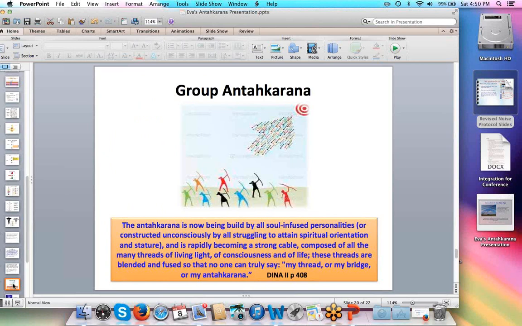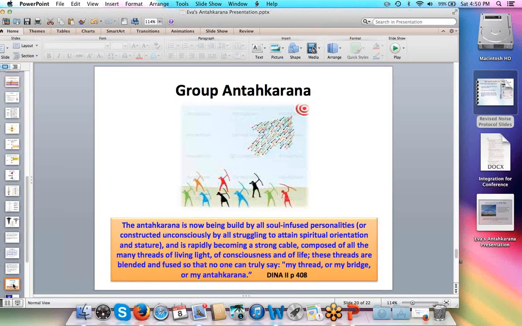And that we know because the creative thread going to the personality is done unconsciously and is rapidly becoming a strong cable composed of all the many threads of living light of consciousness and of life. These threads are blended and fused so that no one can truly say, my thread, my bridge, or my Antahkarana.